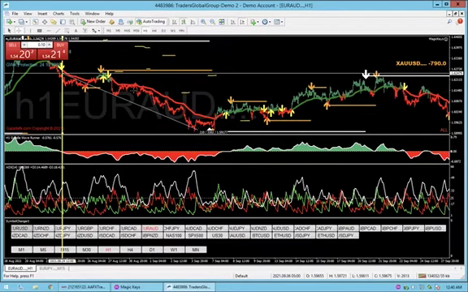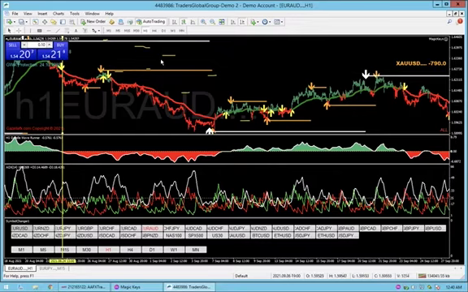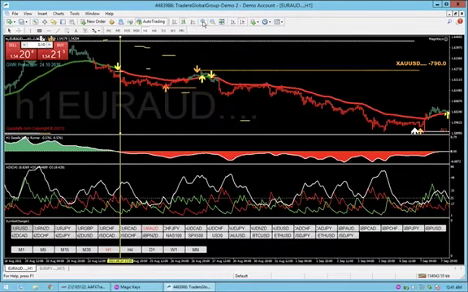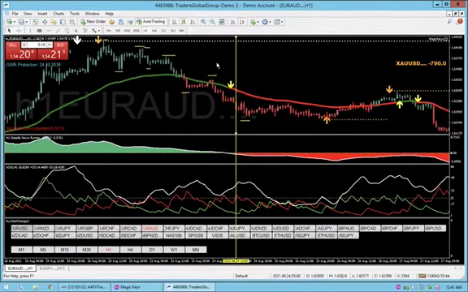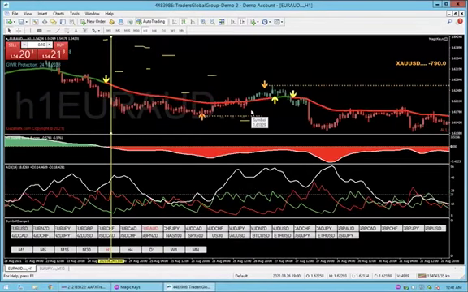Did it go back some? Yes, but it only went back from entry about 20 pips. If you had a 70-some pip stop, it never got you out. But let's say you missed that.